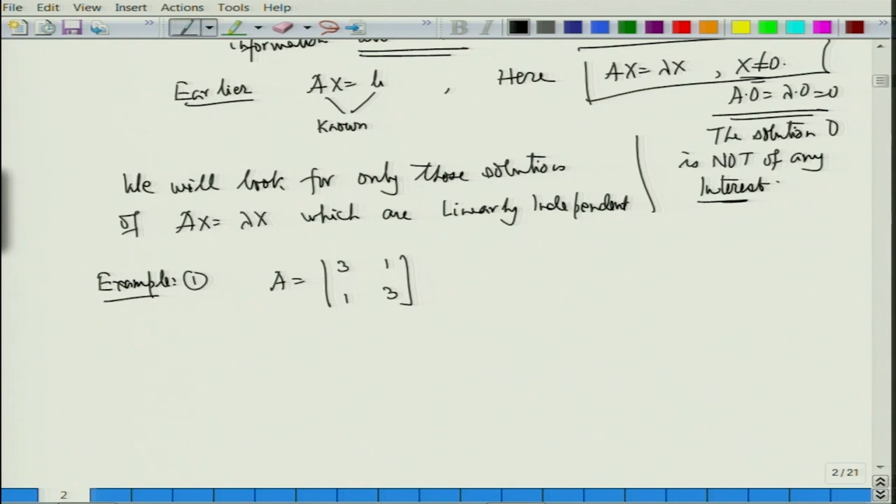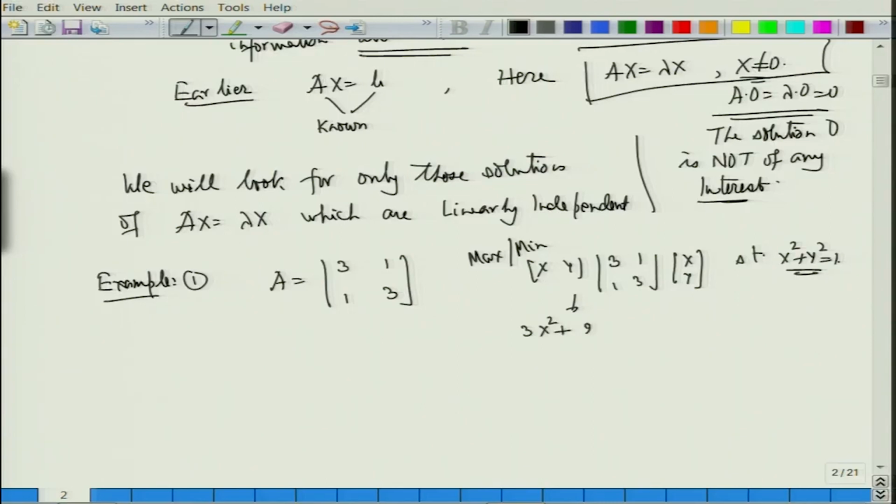So, as usual I want to maximize or minimize (x y) times 3 1 1 3 times (x y), subject to x square plus y square is equal to 1. If I want to write this, this is nothing but 3x square plus 2xy plus 3y square.